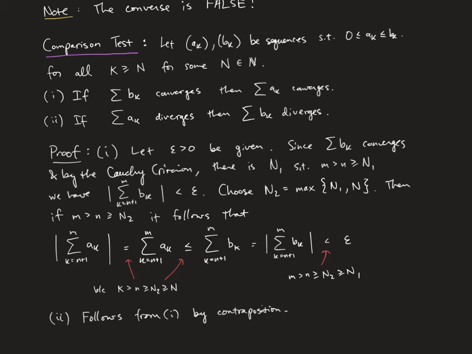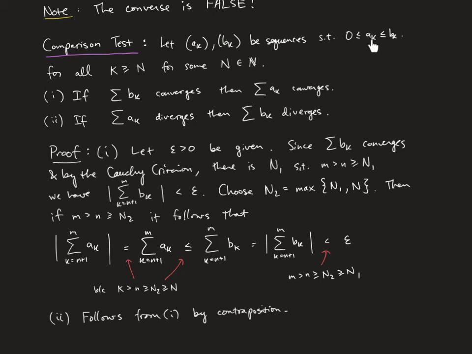But you really realize when you're looking at the proofs here that the proof in all of these comes down to the Cauchy criterion. Because for example, in this comparison test, you might have this series of b_k terms that converges. You might actually know the exact sum of this.